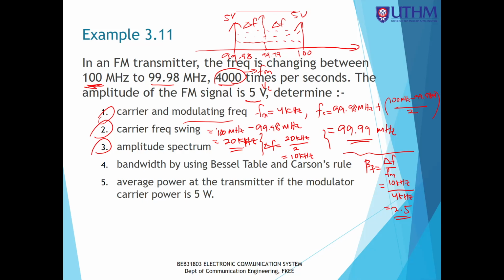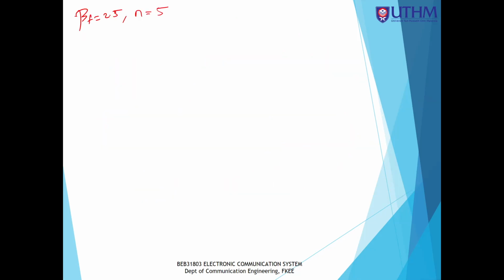So beta f equal to 2.5. Number of significant sidebands equal to 5 according to the Bessel table. Okay, so we need to draw the amplitude spectrum. That means we know the VC is 5 volt, according to the question.